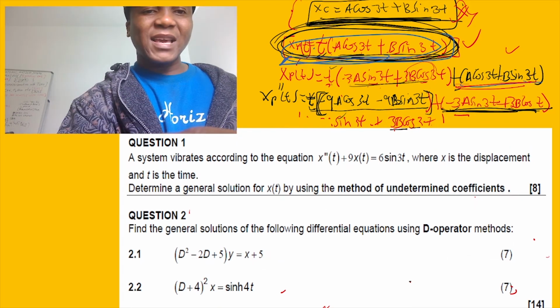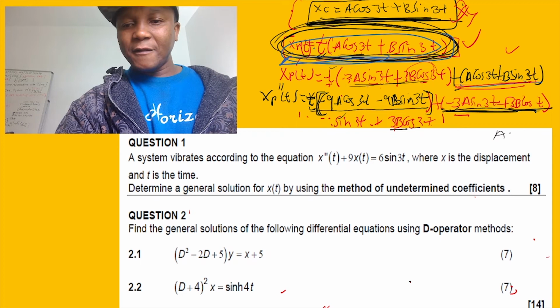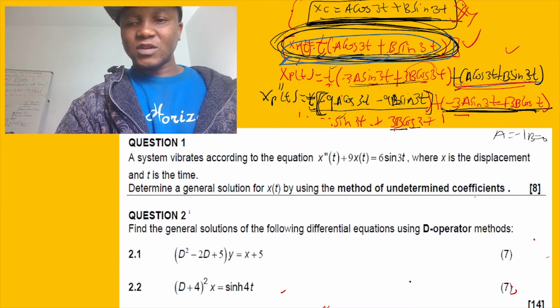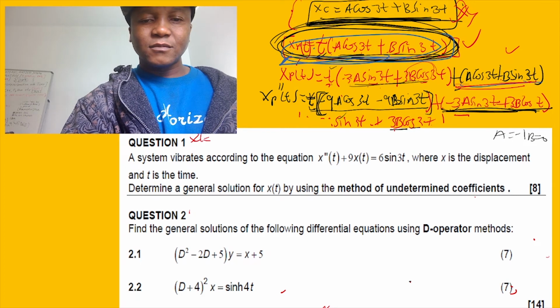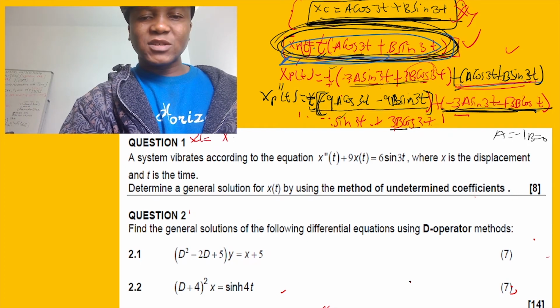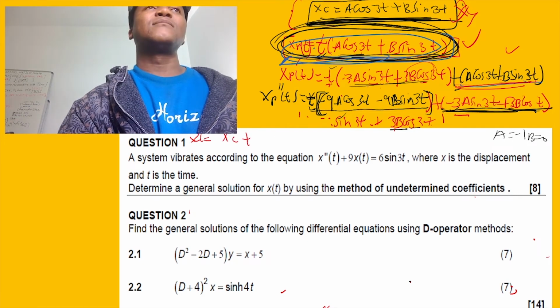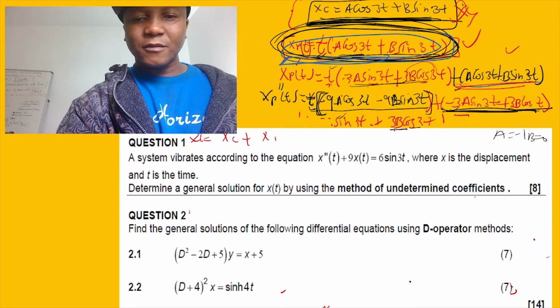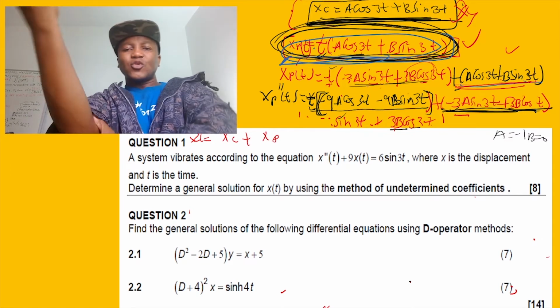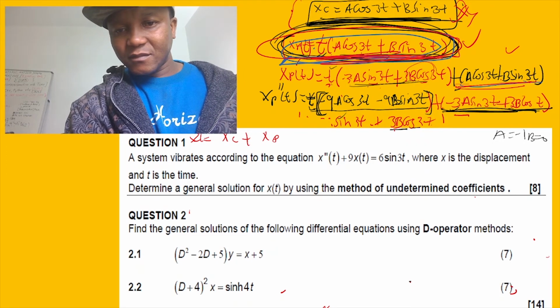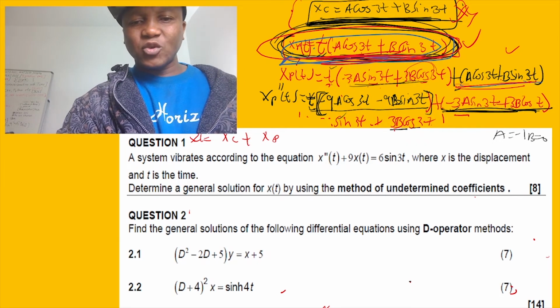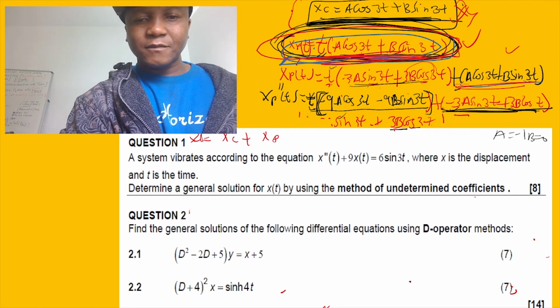Okay, so for that case now, we're going to say a equal to -1 and b equal to 0. So the general solution equals the auxiliary solution plus the particular solution.